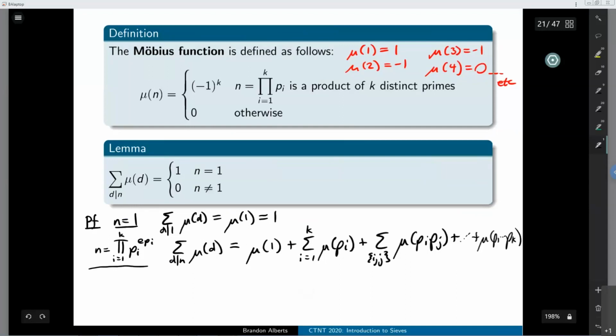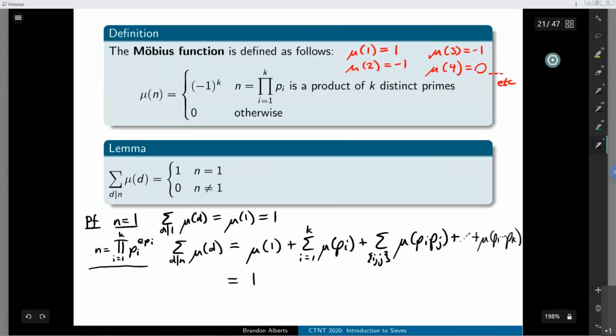The product of all distinct primes dividing n. And now, because we've separated it based off of how many primes are dividing the divisor, we can actually write down exactly what the Mobius function is in each of these cases.